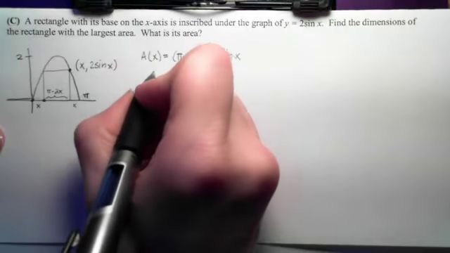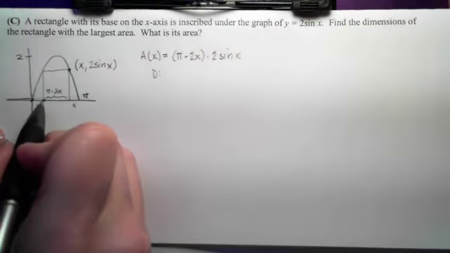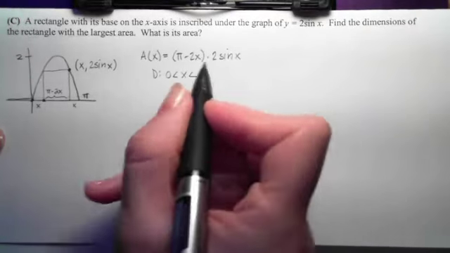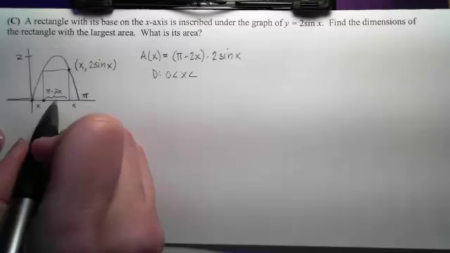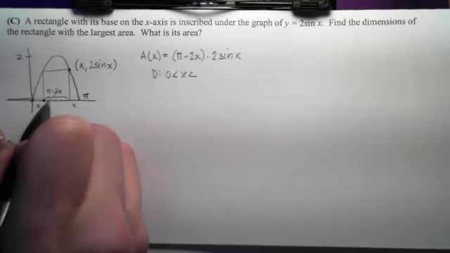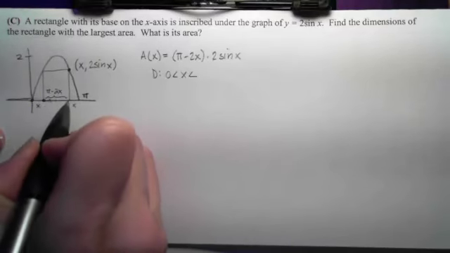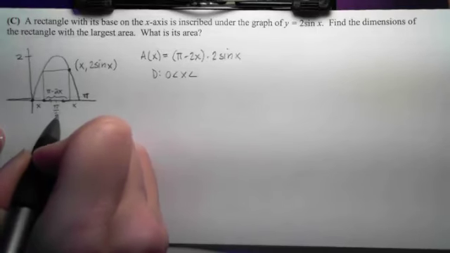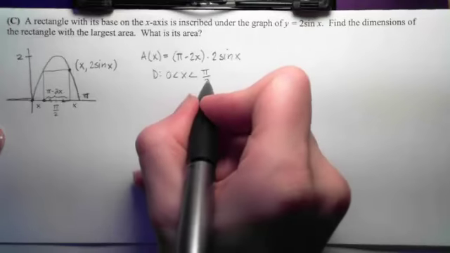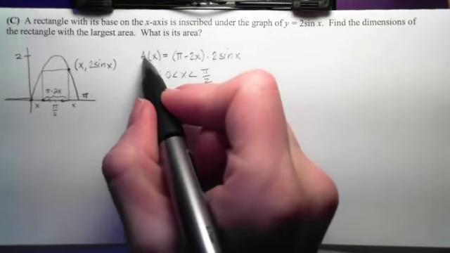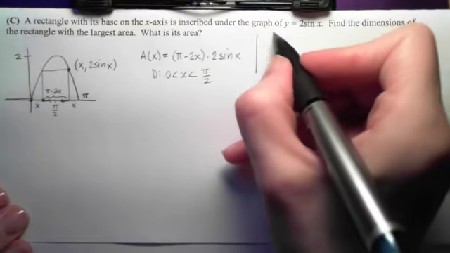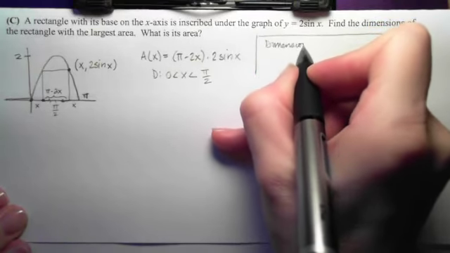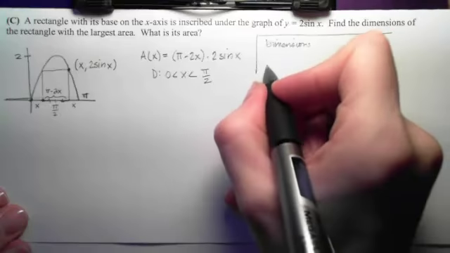If we think about the domain, the smallest x can be before I run out of rectangle is 0, and the largest x can be will be pi over 2, because as this x goes toward the center, this one is also going and will completely collapse by the time we get to pi over 2. So again, we need to maximize this, and we want, when we're done, the dimensions and the area.